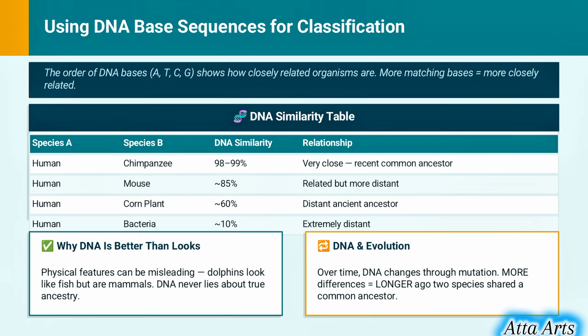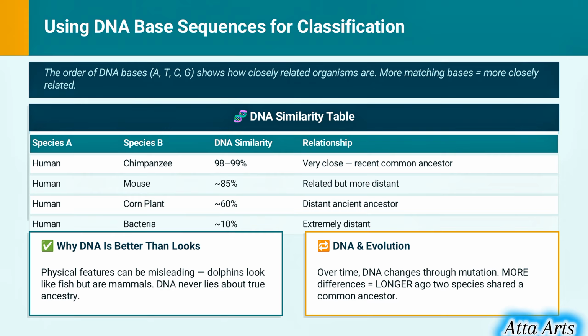Let me show you with numbers because this makes it very clear. Number one, humans and chimpanzees. We share about 98 to 99% of our DNA. That is why chimps are our closest living relatives.